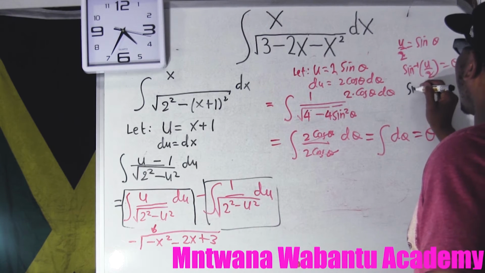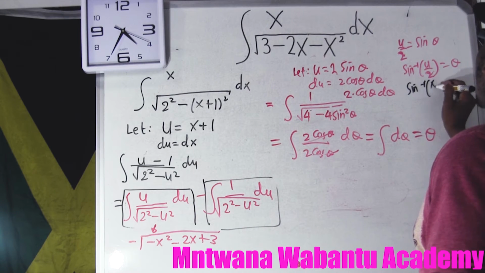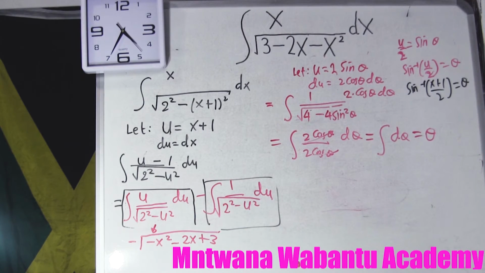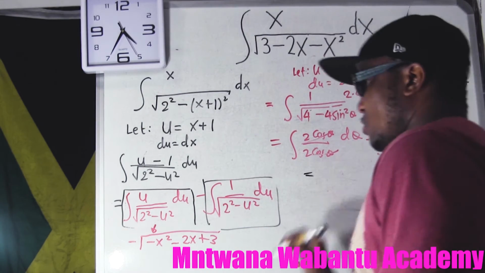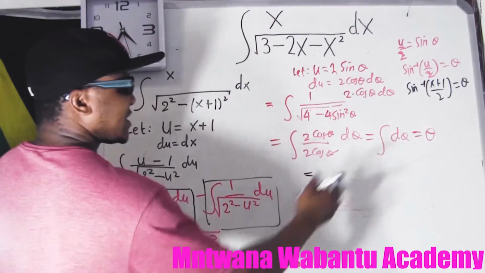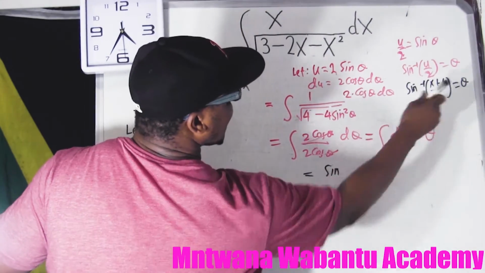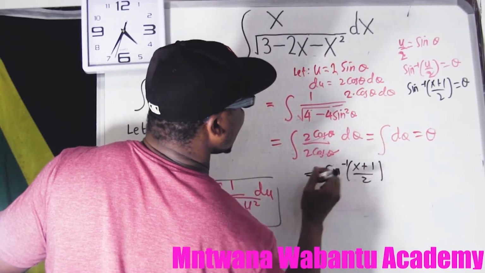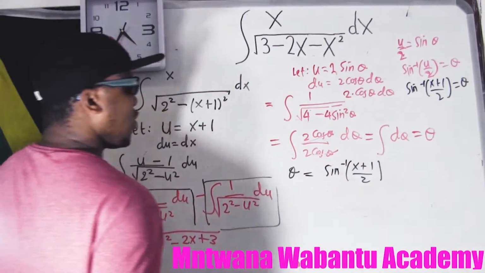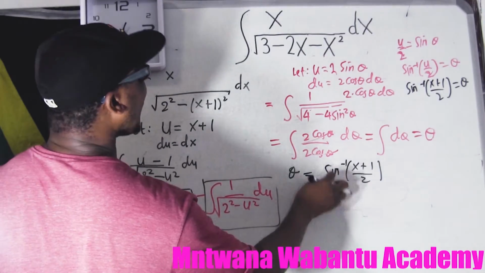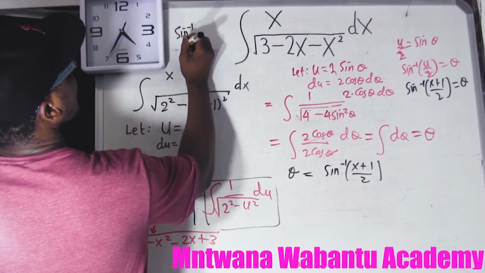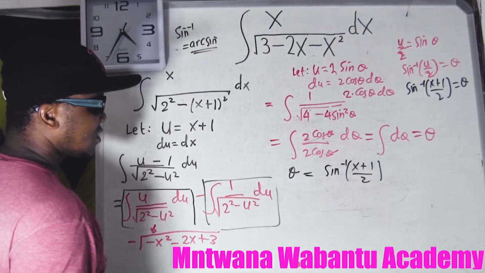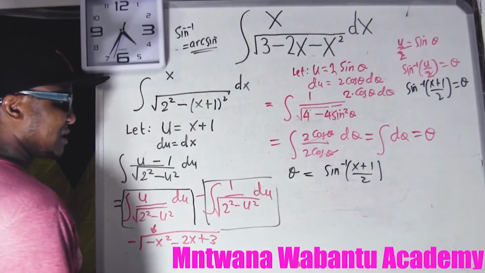So sine inverse of (x plus 1) over 2 equals theta. So all this stuff here equals, instead of theta, sine inverse of (x plus 1) over 2. Same thing as arc sine. So now I got it.